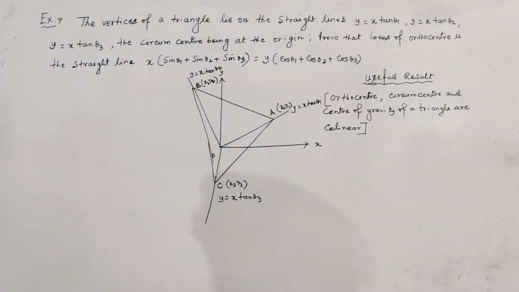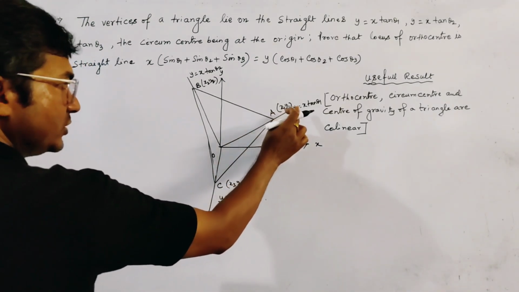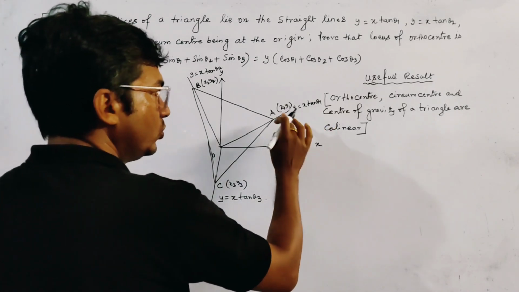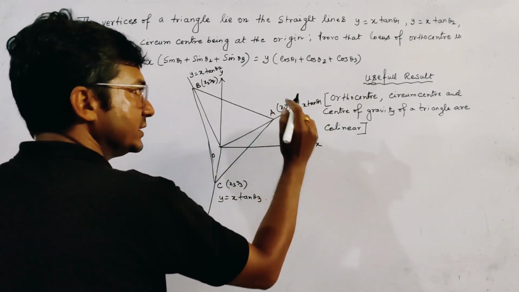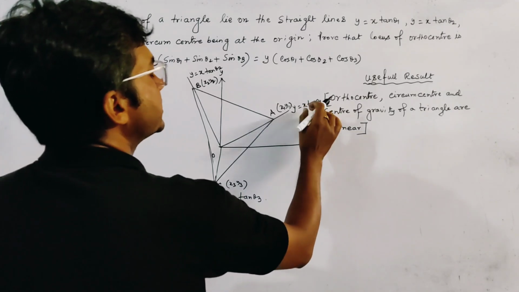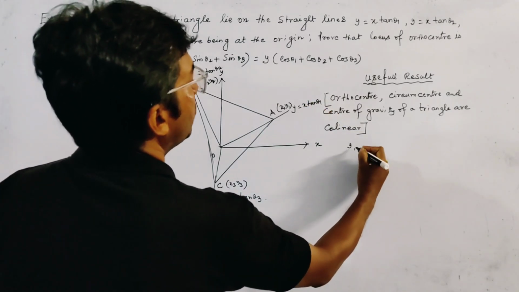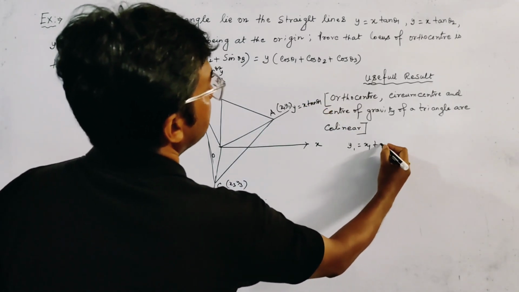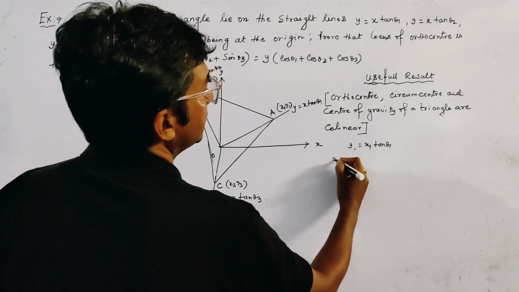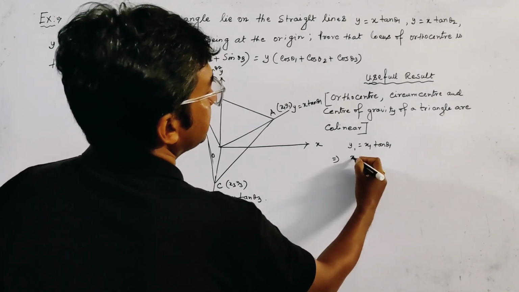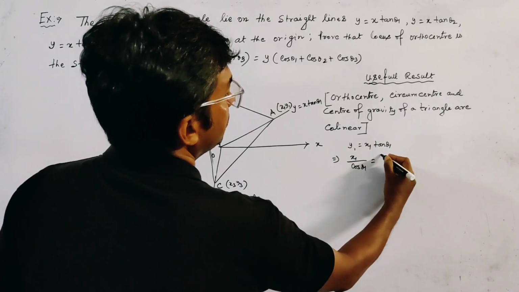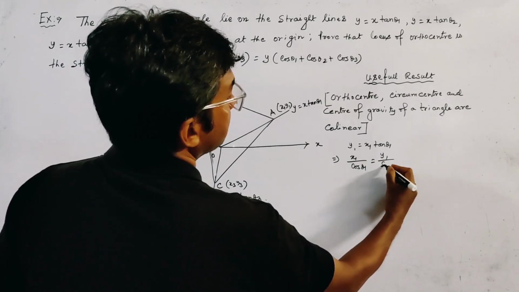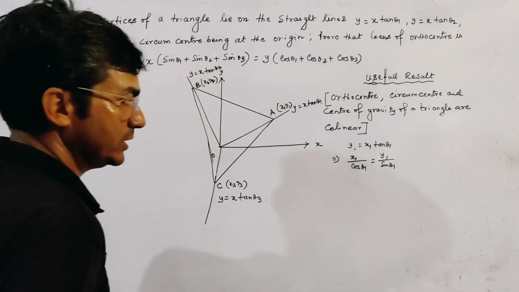Okay, and since A lies on the first line, we can put the coordinates of A in this first line, and this gives y1 = x1 tan theta 1. So we get x1 by cos theta 1 equal to y1 by sin theta 1.